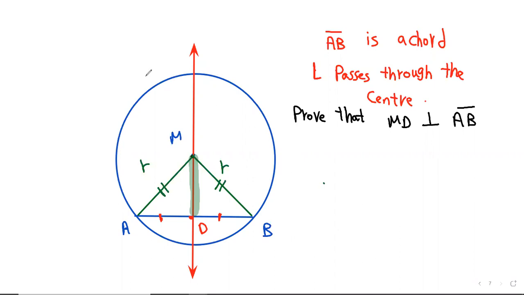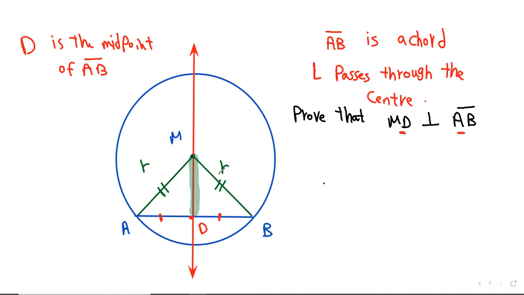So what is the given? The given in this figure here, we have MB is equal to MA. Both of them are two radii in the circle. And D is given as the midpoint of AB. And I want to prove that MD is perpendicular to AB.